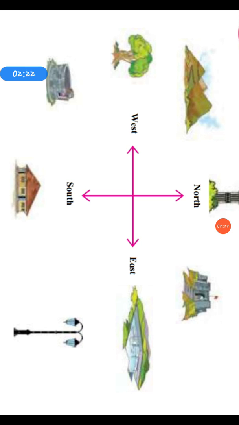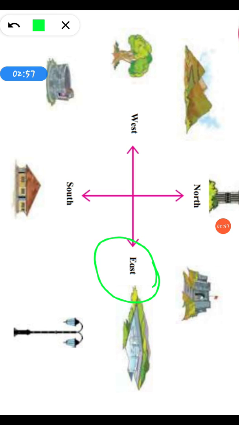Or in a simple way we can say that the direction in which the sun rises is called the east, and the direction in which the sun sets is called the west. When we stand facing the east, the north comes to our left hand and the south comes to our right hand. The east faces the west.